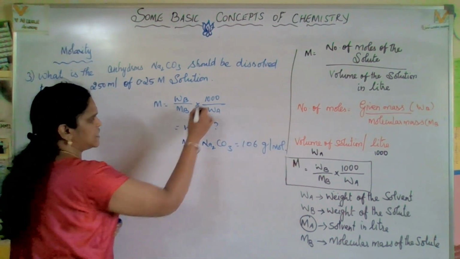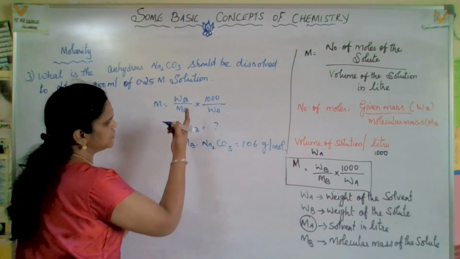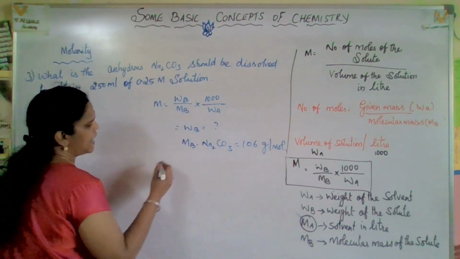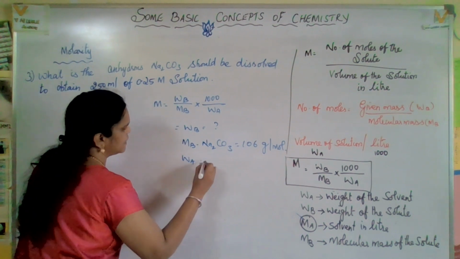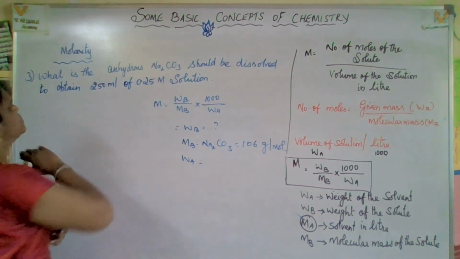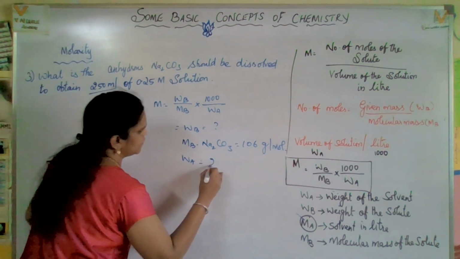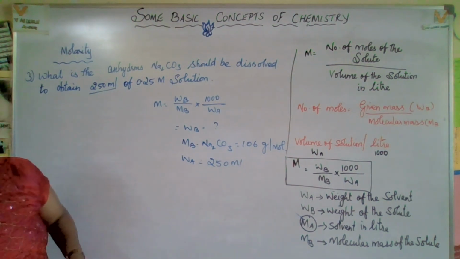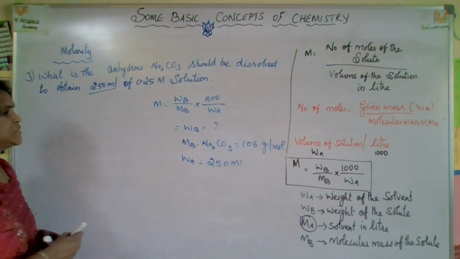Right. Now 1000, and MA, that is the solvent volume here, and WA, given volume, how much they have provided? 250 ml. Now write that formula so you can solve it.